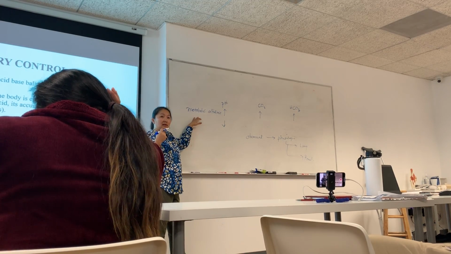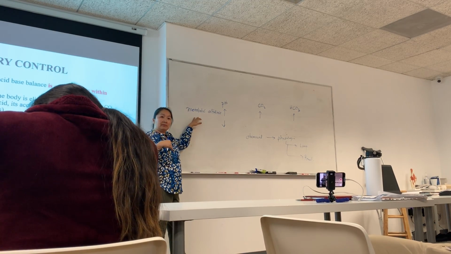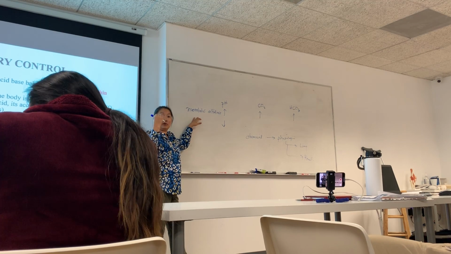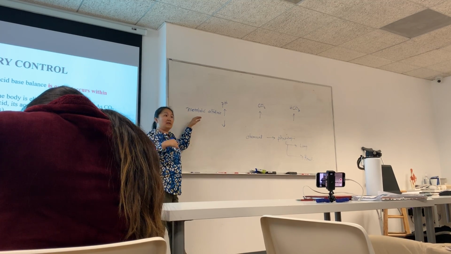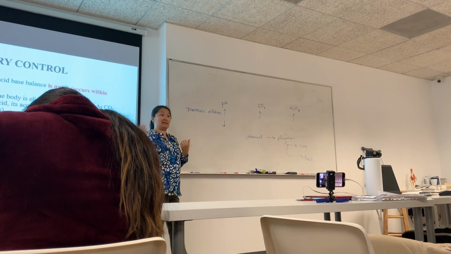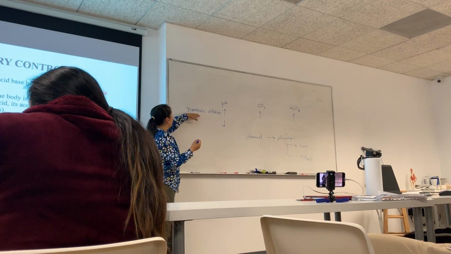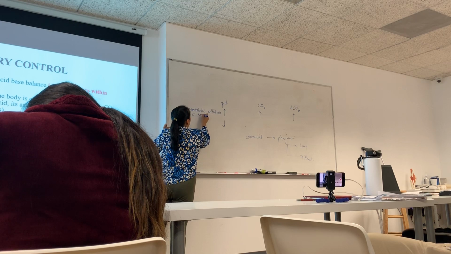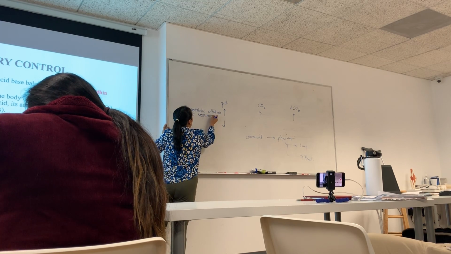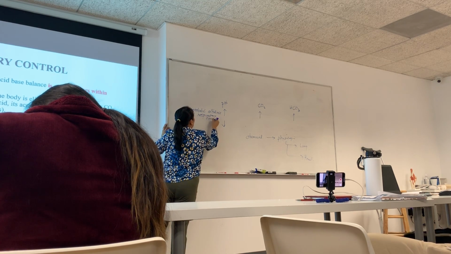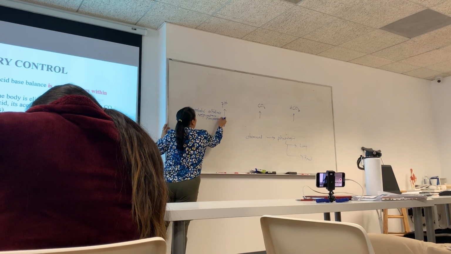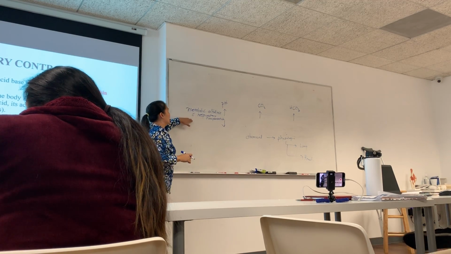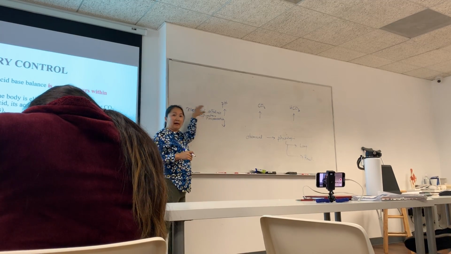It's going to try to slow down your breathing so that you can accumulate more carbon dioxide, so that you can become more acidic and neutralize the base. So therefore, this is metabolic alkalosis with respiratory compensation.